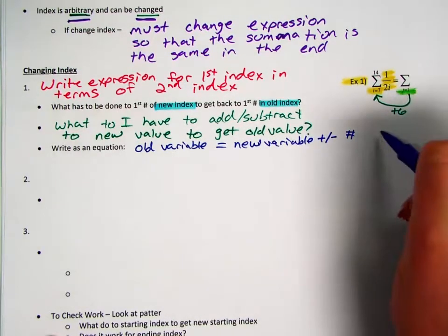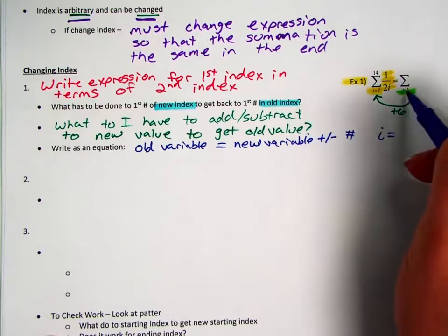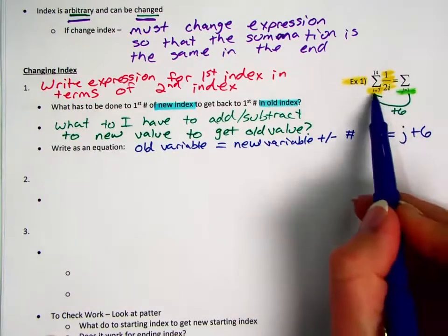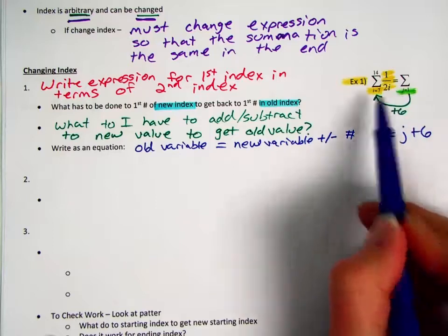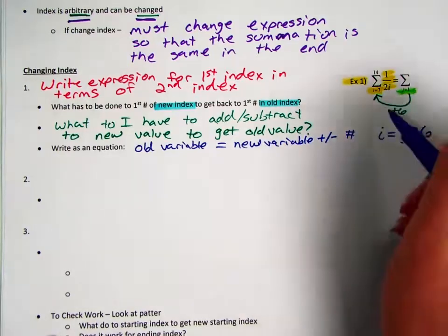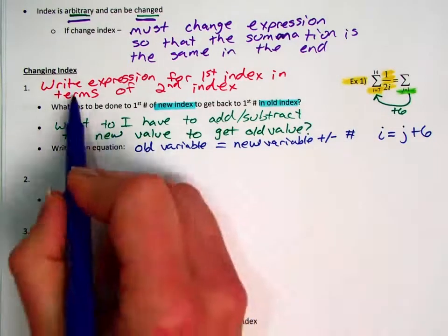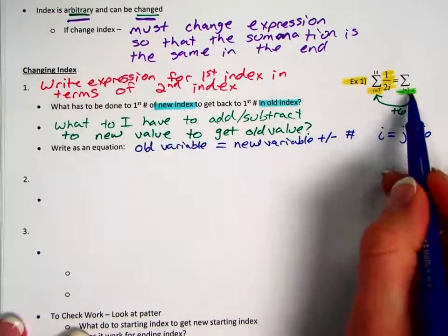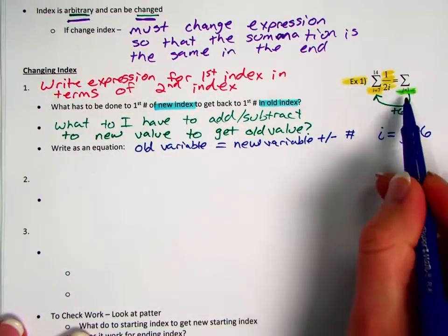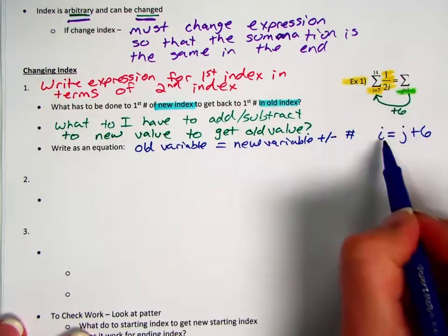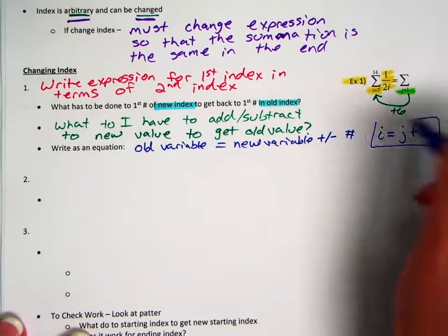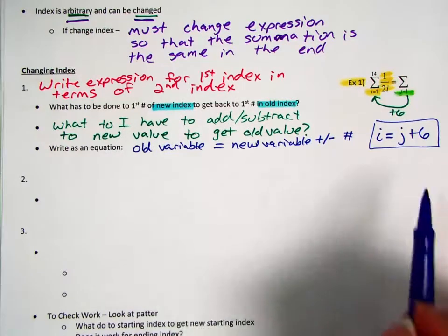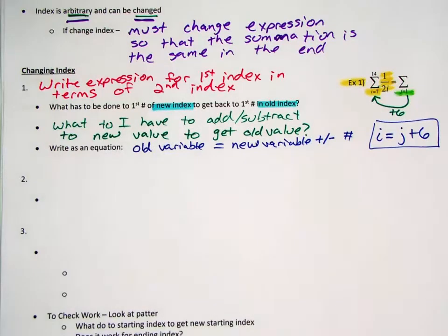In order to get back to i, I have to take j and add 6 to it. So i is equal to j plus 6. This is how we write the expression for the first index in terms of the second index. This is going to be the basis for how we change everything else, so it is the most important thing to figure out first.